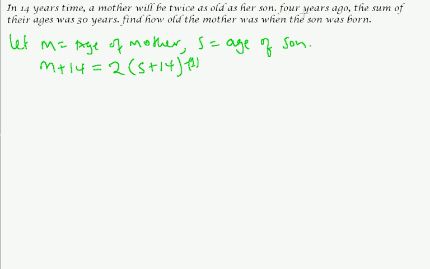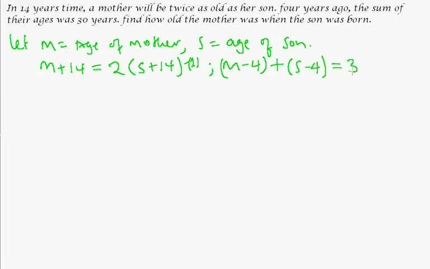Let's go back to the question and see another equation that we can form. 4 years ago, the sum of their ages was 30 years. So this means that if the age of the mother now is m, then 4 years ago it was m minus 4, plus the age of the son is s now, so 4 years ago it was s minus 4.